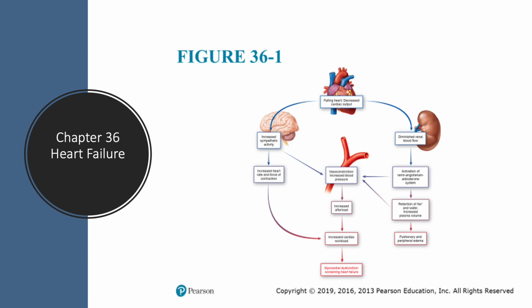You can either cause vasoconstriction of the arterioles so that blood stays in the arterial side and your blood pressure stays up. That's one way. Or you can force the heart to contract harder and faster to increase cardiac output.